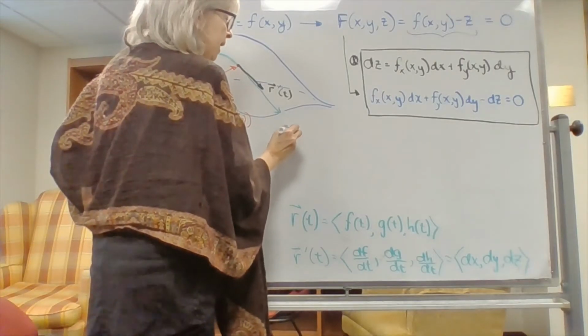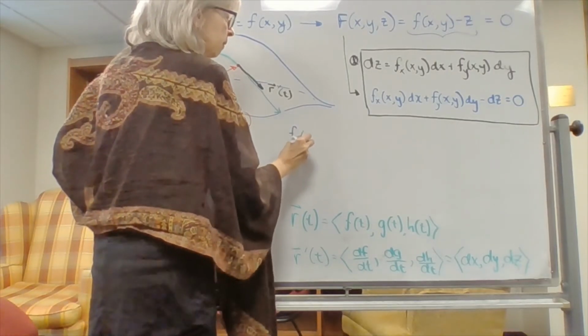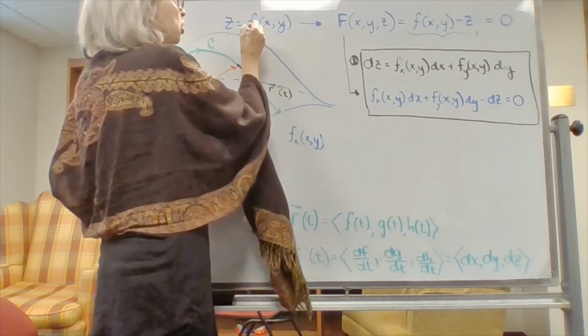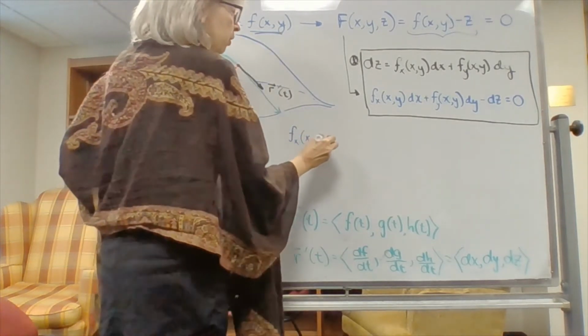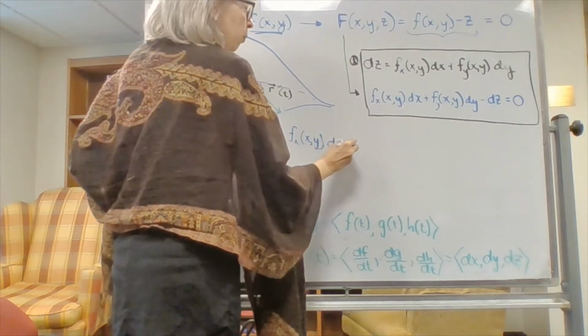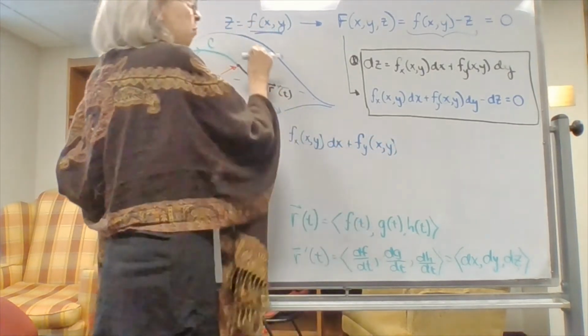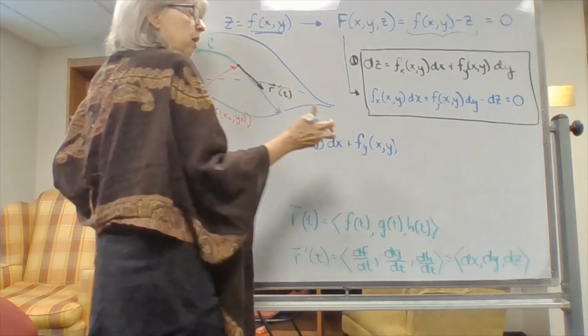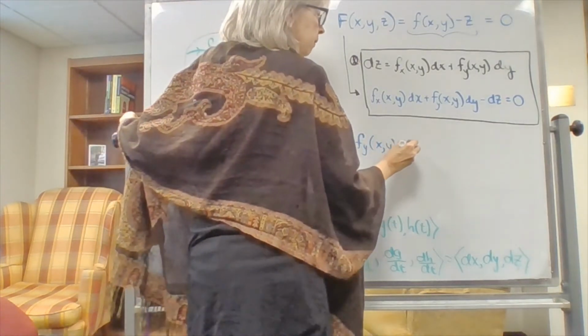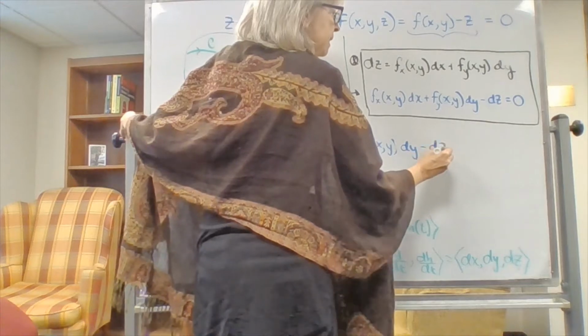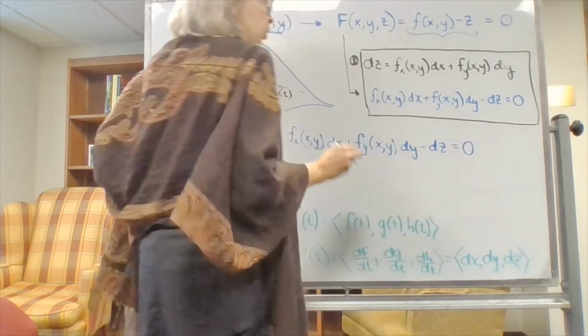Partial with respect to x of my original function that determined the curve, dx, plus partial with respect to y of my original function that determined my curve, dy, minus dz equals 0.